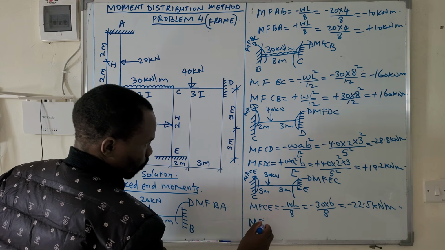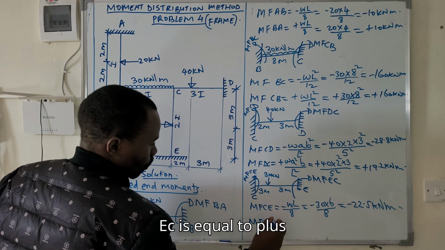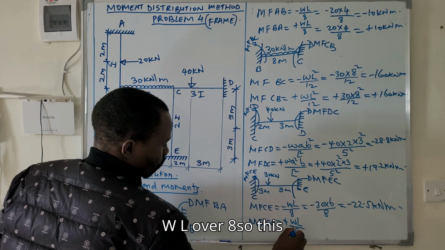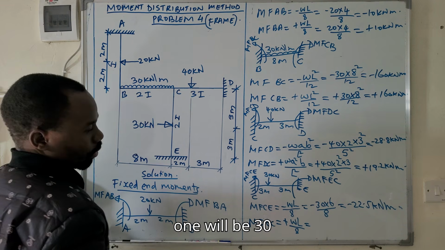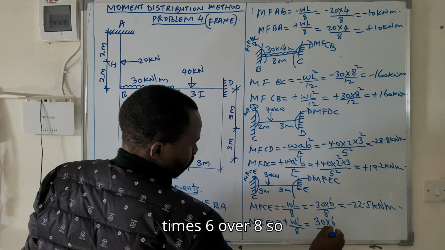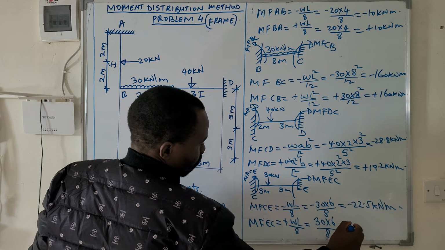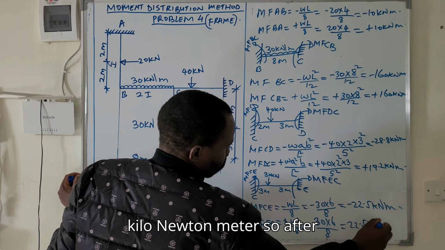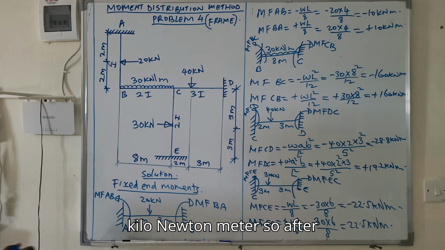MFEC is equal to plus WL over 8. So this one will be 30 times 6 over 8. So the answer will be 22.5 kilonewton meter.